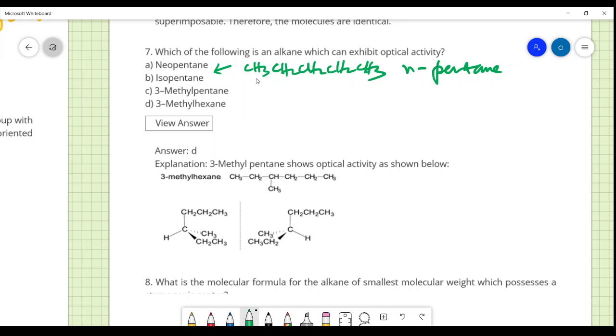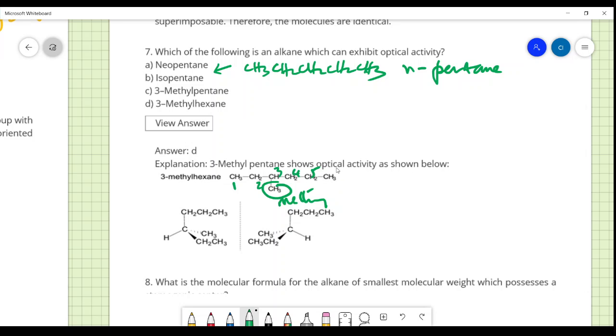Isopentane means it should be similar on both sides. And the next is 3-methyl pentane. It is written like this: 1, 2, and 3, and the 3-methyl is the methyl group there; then 4, 5. 3-methyl hexane is also there.